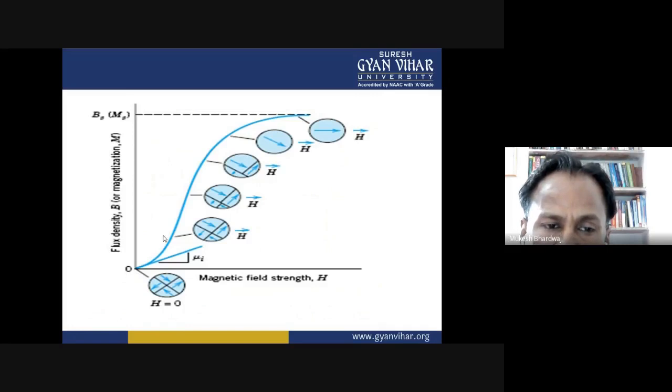But gradually, when you increase the flux density or magnetization, the electron spins align themselves in a uniform direction, and at the highest point all the spins are in the same direction, resulting in high magnetization, known as the saturated magnetization.